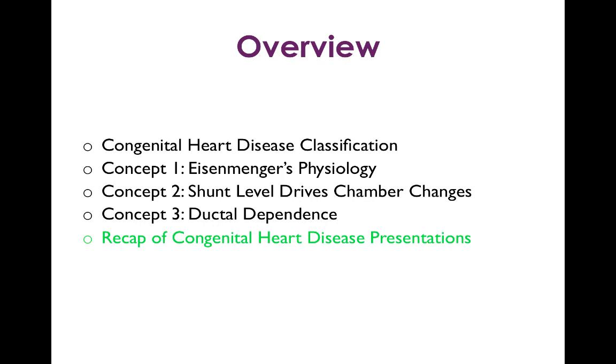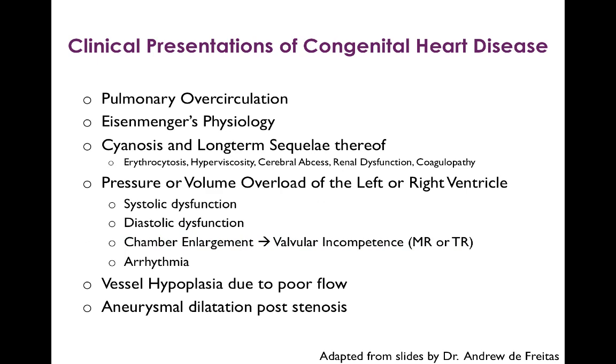So I just wanted to, on one slide, recap some of the congenital heart disease presentations that Dr. DeFreitas discussed, because cyanosis is the easiest presentation to understand because it's built into the classification system. But I think it's important to understand that there are many clinical presentations of congenital heart disease, and it depends on the lesions and how severe the disease is, whether or not the presentation will be neonatal or childhood or adult.